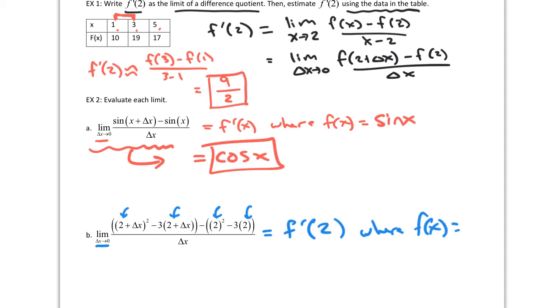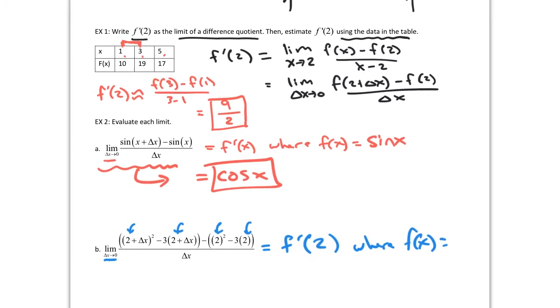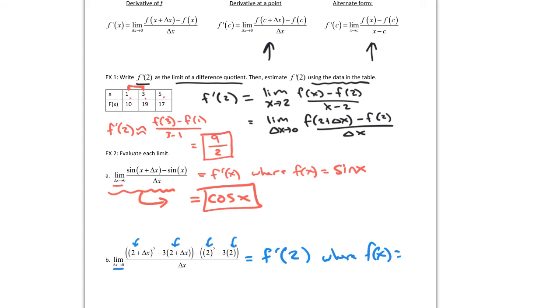Well, I can see that for the derivative at a point, the function should have c plus delta x, or 2 plus delta x, plugged in. So that is representing x. So essentially, this piece here is telling me that my function is really x squared minus 3x.